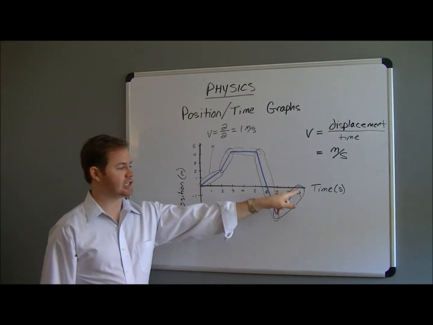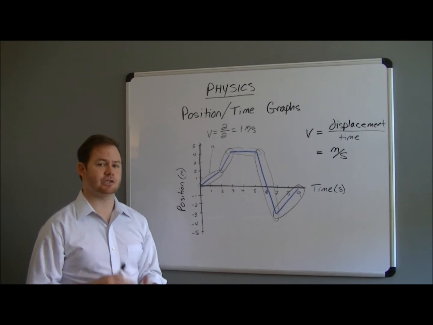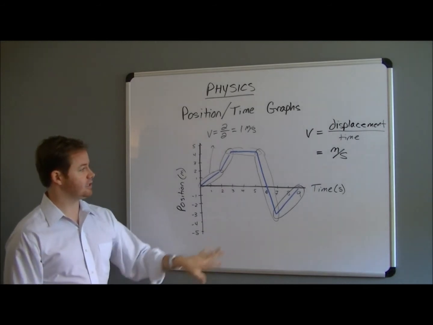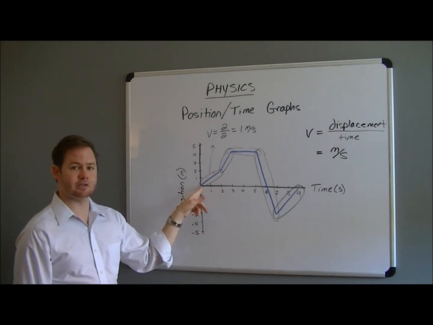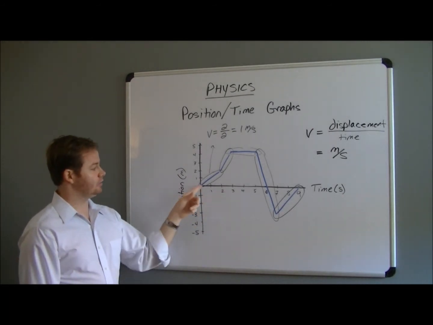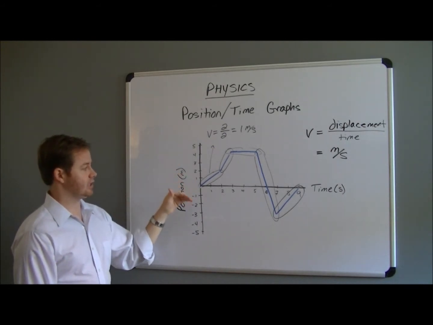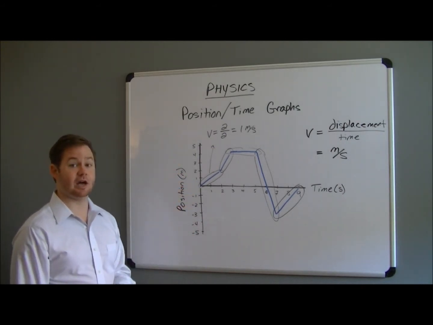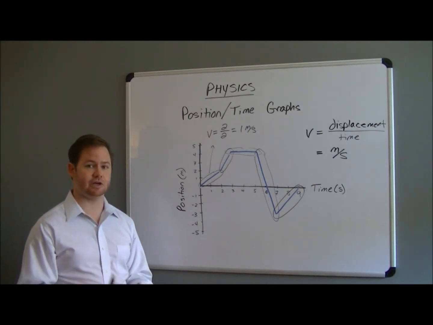So that means we're actually ending up at the exact point that we started at, which is a little bit tricky to conceptualize because on this graph, this point is not connecting to this point. But what it means when you're looking at position is that if you consider positive to be a certain direction, negative position means the opposite direction, and whenever you get to 0, that means you're back at that starting point.